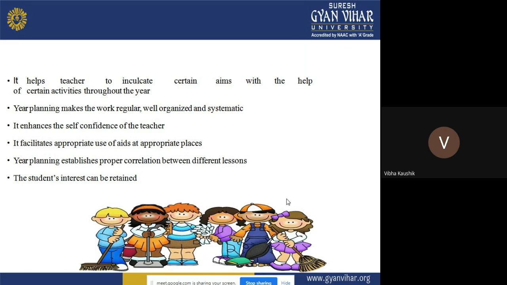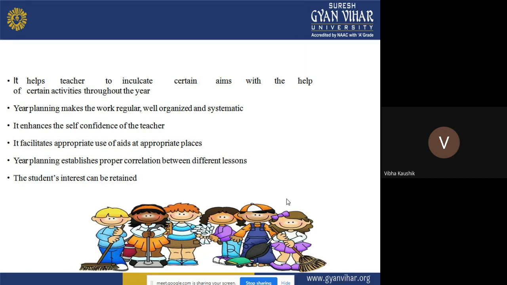It facilitates appropriate use of aids at appropriate places. It encourages the use of aids that can be used by the teacher at different places during the plan. Year plan establishes proper correlation between different lessons.